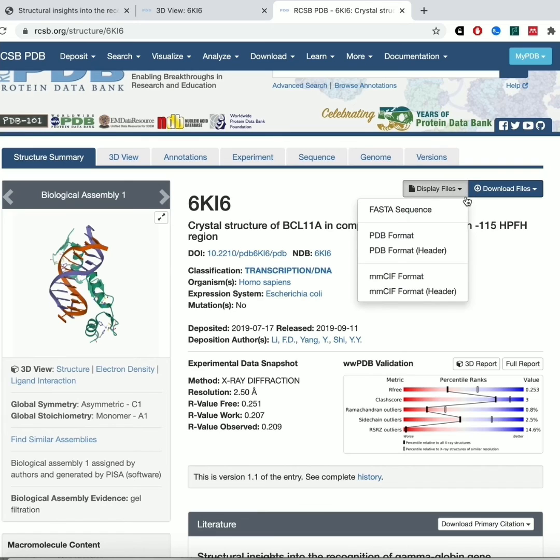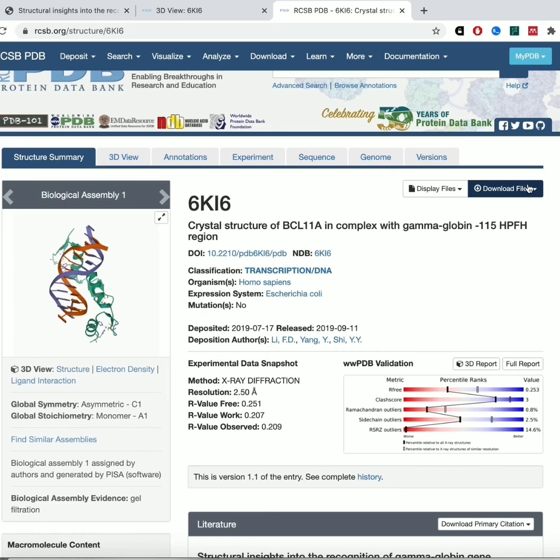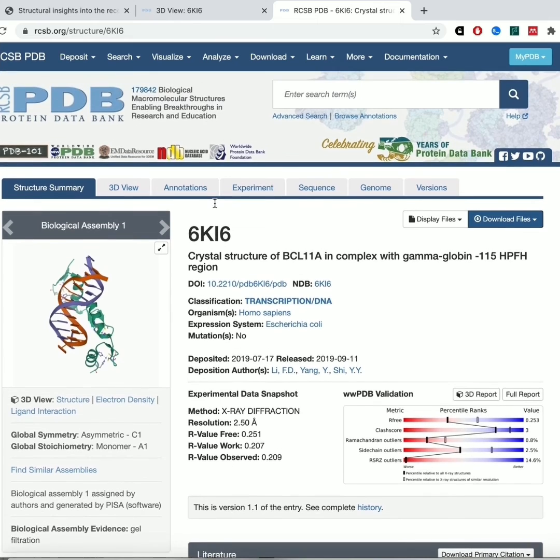You can also download files. If you download the PDB file, that allows you to open it in things like PyMOL, which lets you make really high quality graphics figures. If you download the mmCIF or the structure factors, you can actually see the maps. You can also fetch the structures directly from PyMOL if you know what you're doing, using the same accession number you used before.